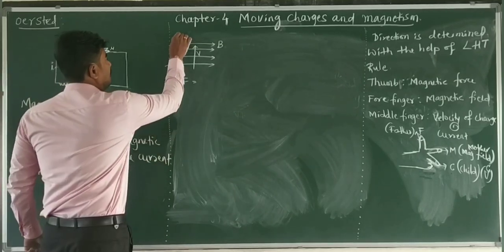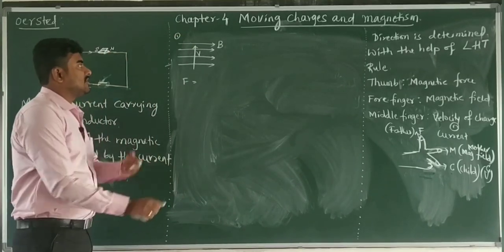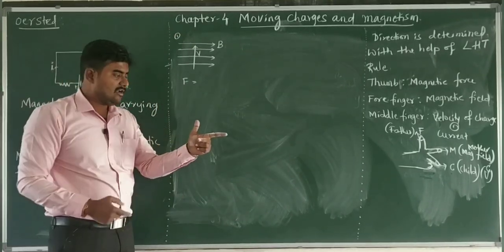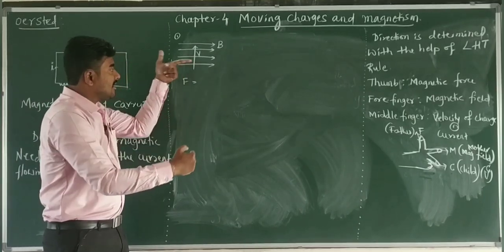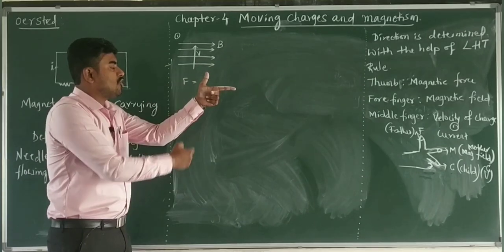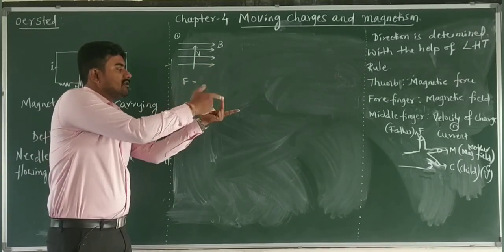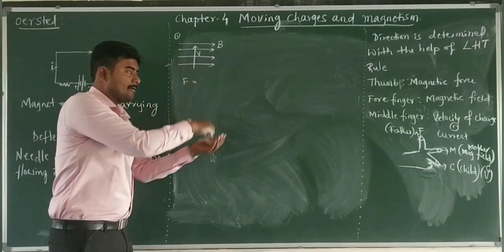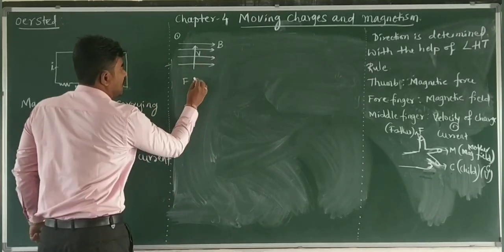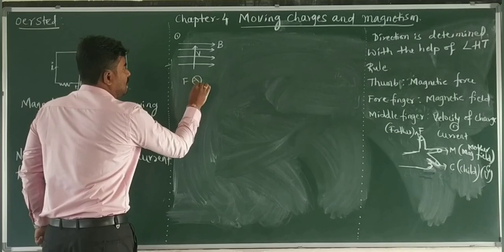This is first one. Okay, so once again we shall start with our left hand. See, this is the direction of magnetic field, and the direction of velocity is upward, like this. Therefore this is the direction of force. The force is inward. Therefore I will write force inward.